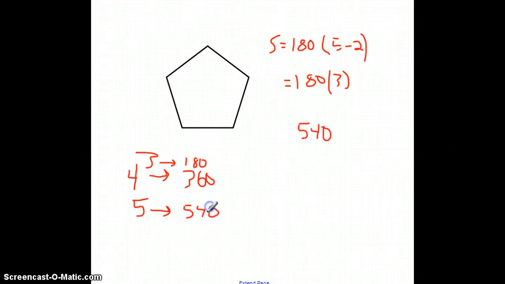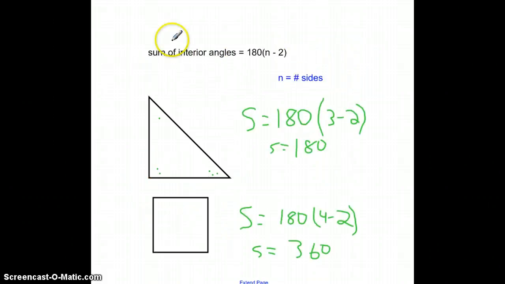Again, every side you add on, you just add 180. So 360 plus 180 gives you 540. Now, if I asked you for a 12-sided figure, you don't want to go through this. So it is helpful if you can memorize this formula. Okay, but if not, if you're really in a pinch, you can figure it out, starting with the 3, then the 4, okay? So there's no need to panic with that.